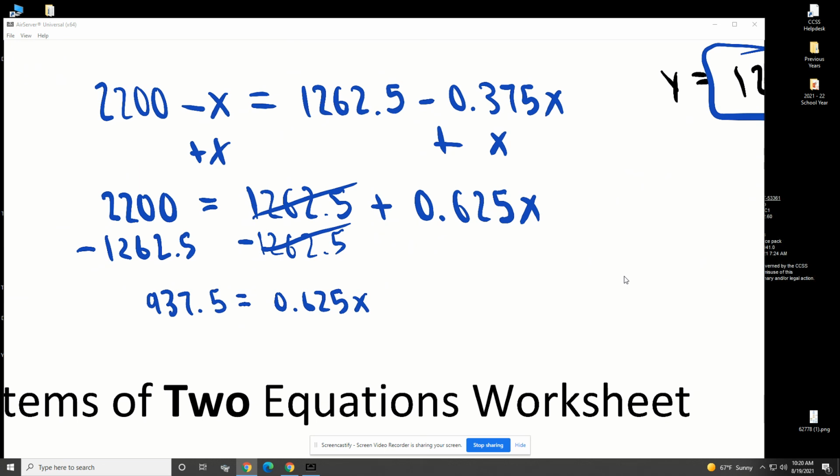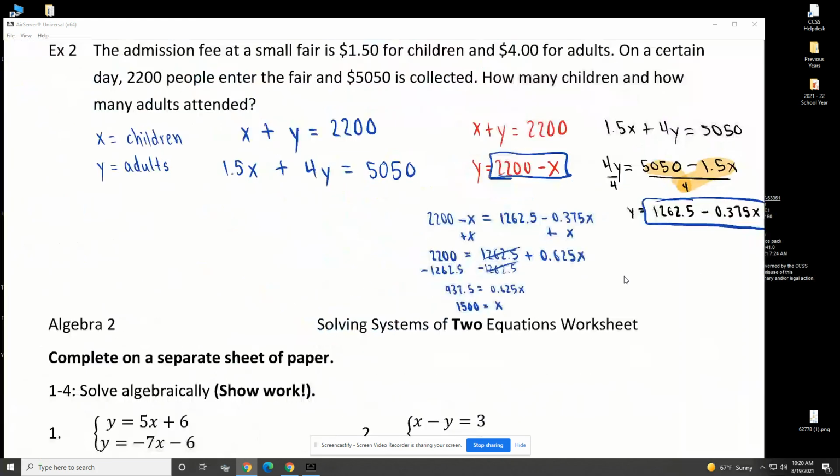Last step, and we're almost done with this problem. So what's 937.5 divided by 0.625? 1,500. What's that? X's, right? X's were kids. So there were 1,500 kids.